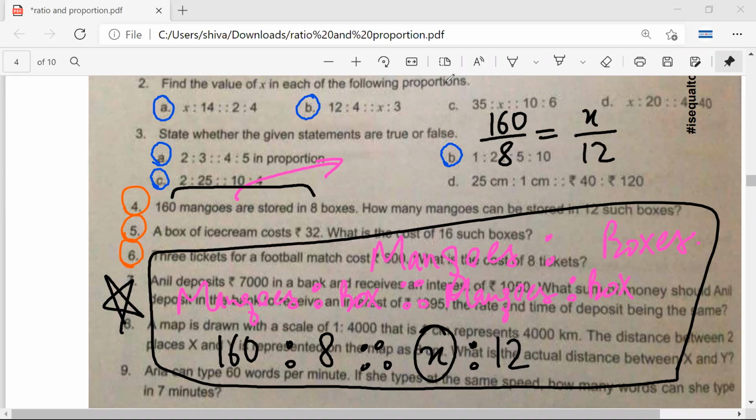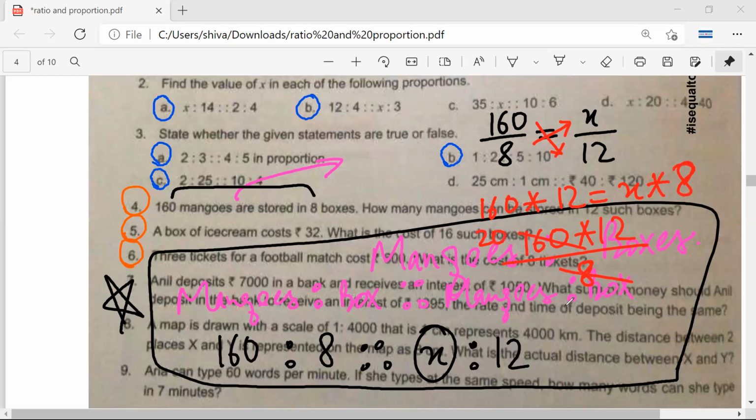This is what you did. Yes, sir. Is it okay? Yes, sir. Is this your answer? Yes, sir. Mr. Sarthak, have you got the same answer?